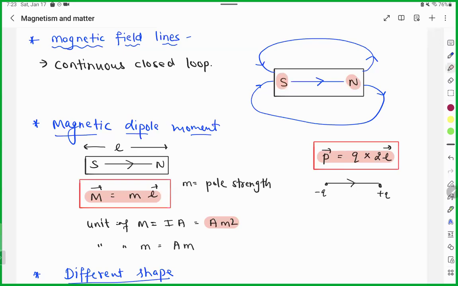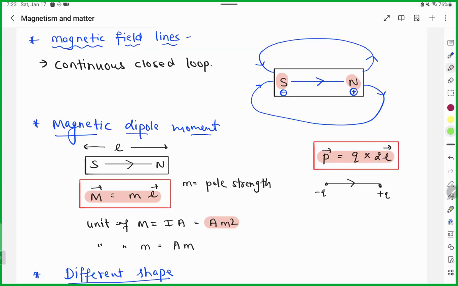So north is almost like positive, not exactly positive, but looks like positive charge, and south is like negative charge. But most of the properties are the same.